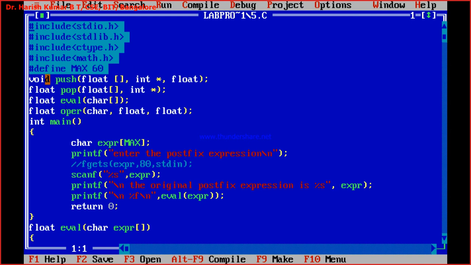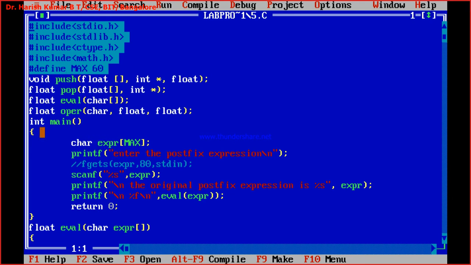For push you are passing the stack, the top, and the element to be pushed. For pop, again the stack and the top, only 2 things. For eval, what you are passing is the character array itself. For operator, the character is the operator, and this is the first operand and this is the second operand, so on these 2 operands it will perform the operation. We'll understand all these functions later.